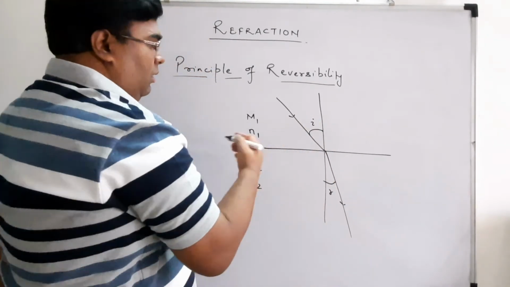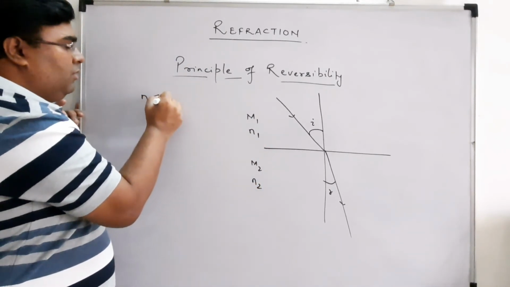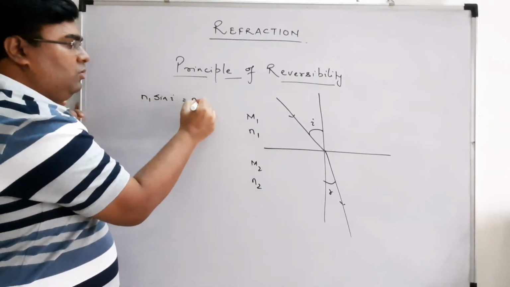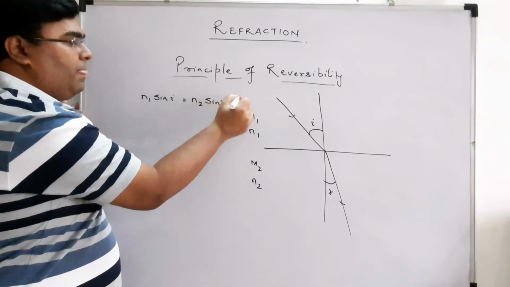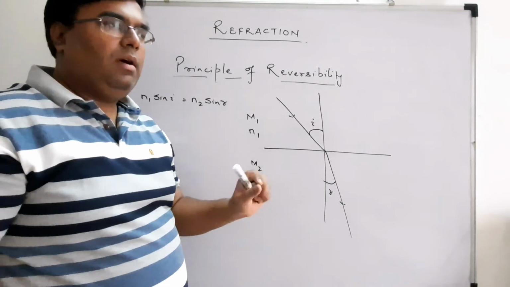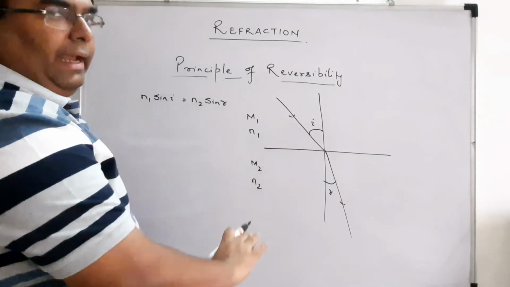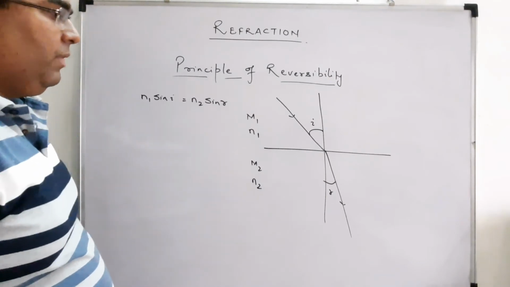We can write one relation here, which is N1 sin I is equal to N2 sin R, right? Now these angles are acute angles, less than 90 degrees in all the cases, okay?